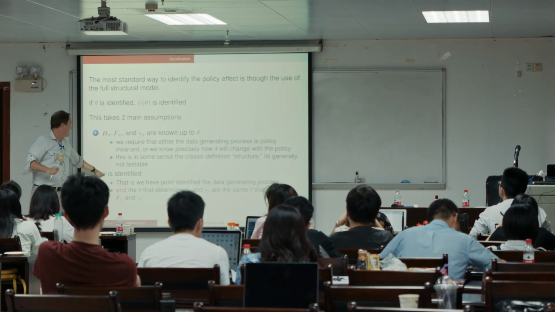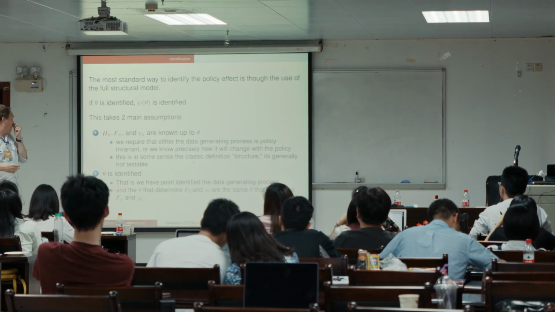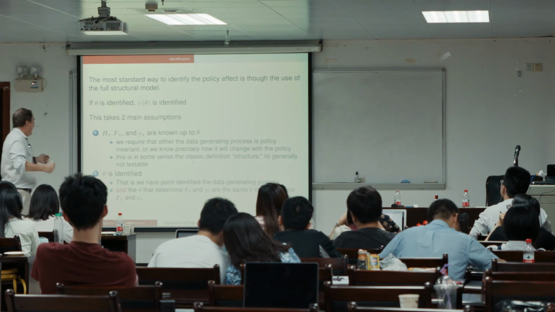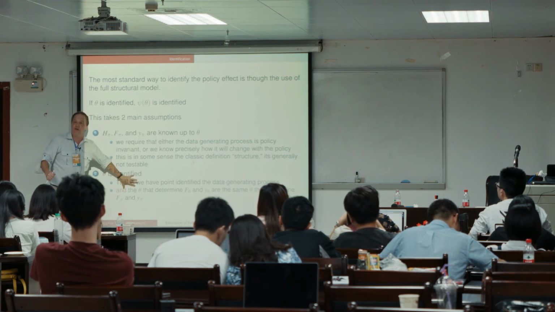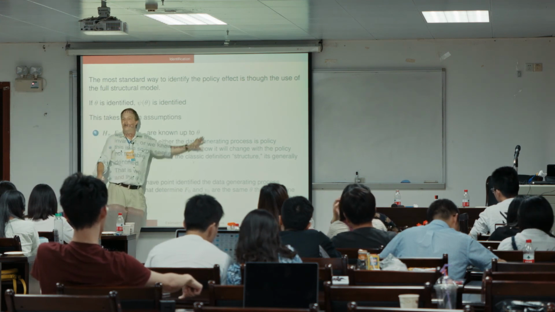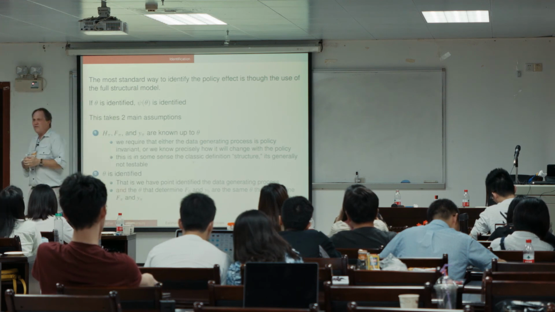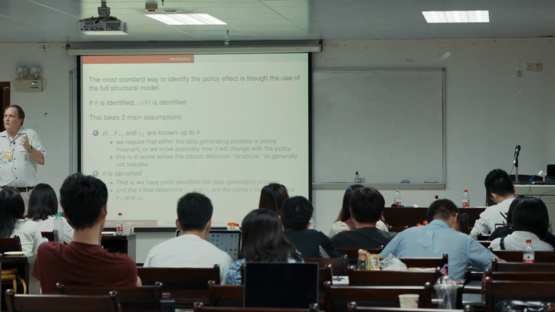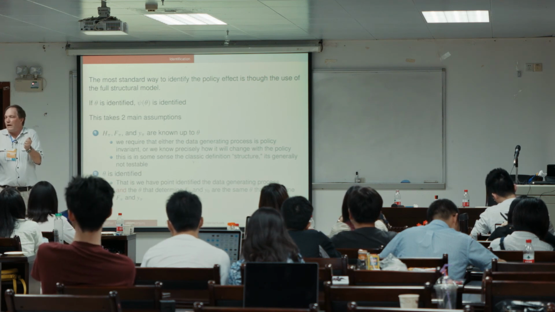The second thing that I need is I need theta to be identified. So I need to identify the data generating process in the current world, and it's the same theta. Right, the theta that we use to generate the data today is the same theta that would be used to generate the data in the policy regime. That's another definition of structure in the sense that we say the theta itself is policy invariant.